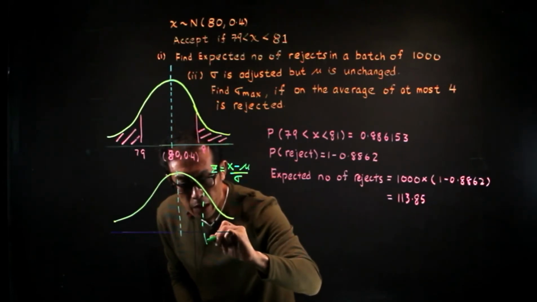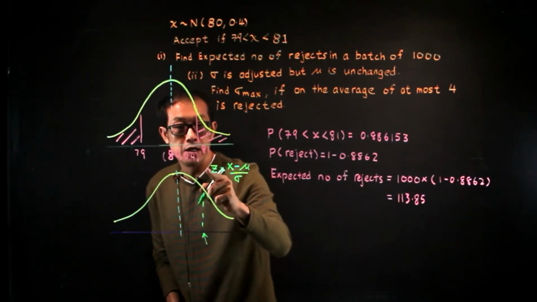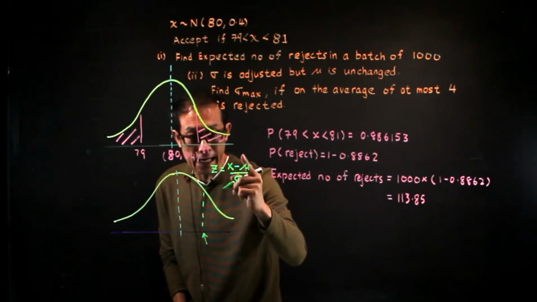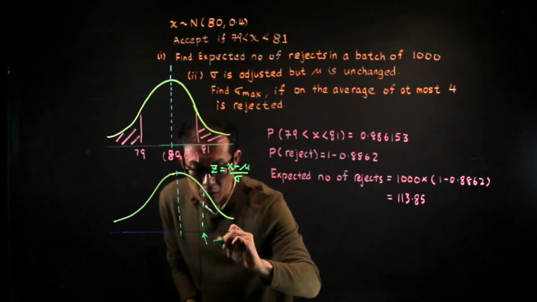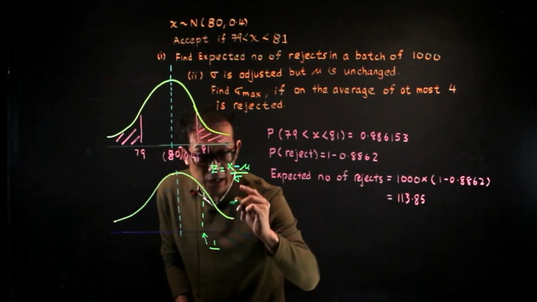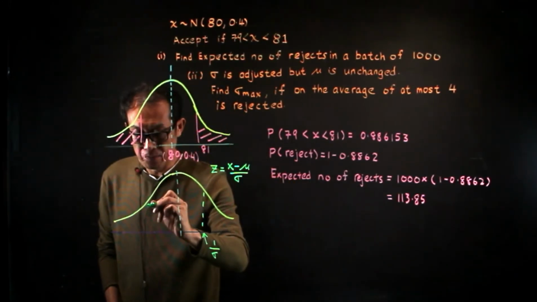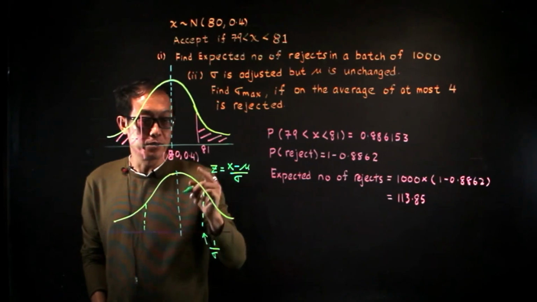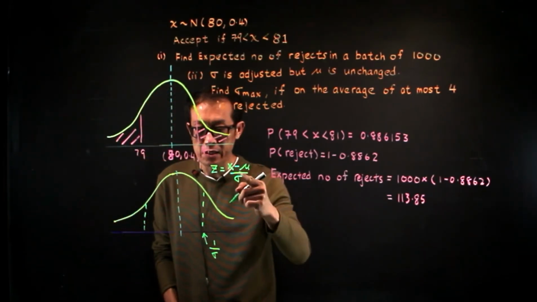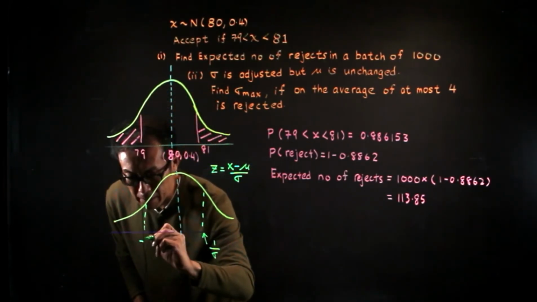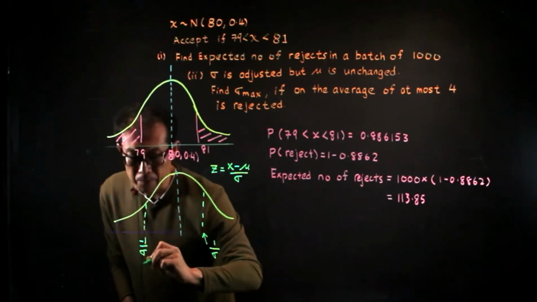So what is this value of 81? This value 81 will be 81 minus 80, so I will get 1 over sigma. And what is this value here? For 79, it will be 79 minus 80 over sigma, so it will be minus 1 over sigma.